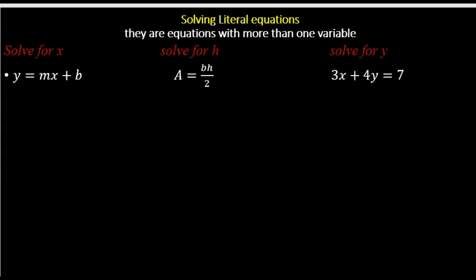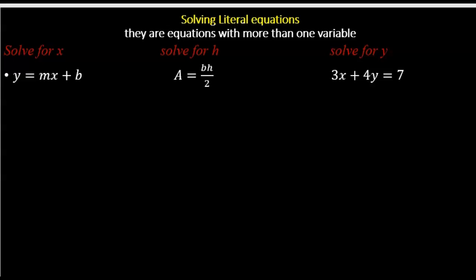In today's lesson, I'd like to talk about how to solve literal equations. Literal equations are equations that have more than one variable. For instance, the first example we have is y equals mx plus b.